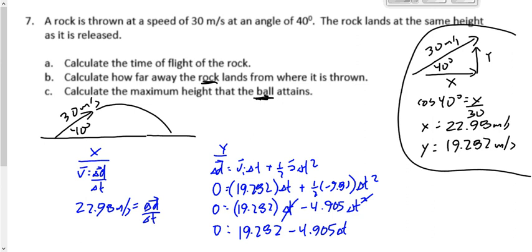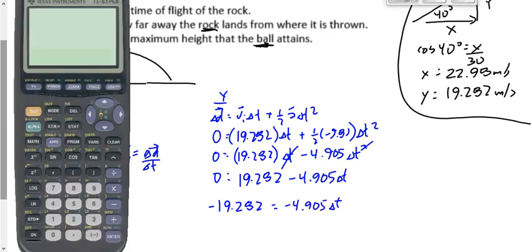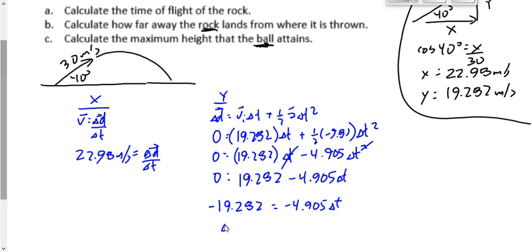Show everything, okay? Solve for time there. Negative 19.282 equals negative 4.905 times t. Do the division there. What do we get? 3.931 seconds.